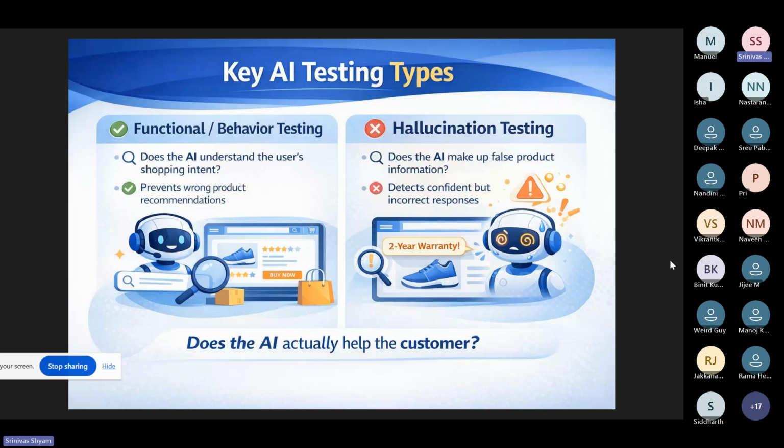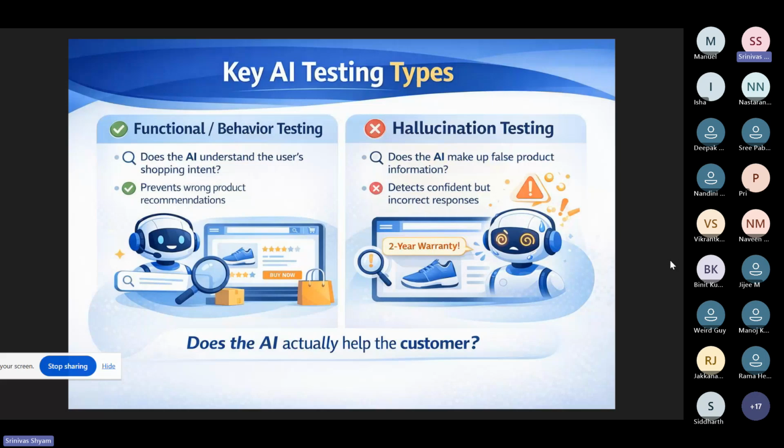Your AI will say, for example, a product has a 2-year warranty, but the product might have only a 1-year warranty. So this is hallucination. It gives wrong facts, but very confidently. It will say, oh yeah, you have a 2-year warranty.